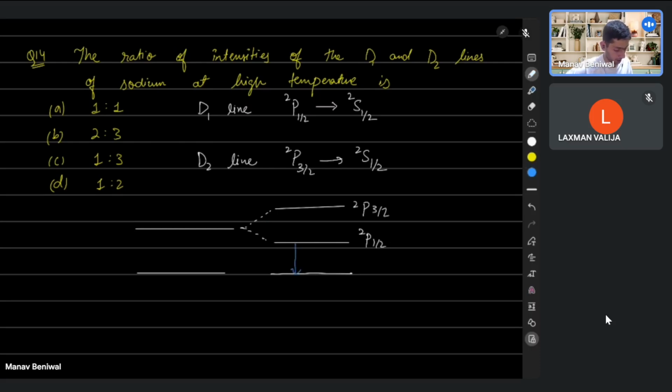Okay, and the below one is just 2s1/2. So this transition from 2p1/2 gives us the D1 line, and this transition from 2p3/2 gives us the D2 line.